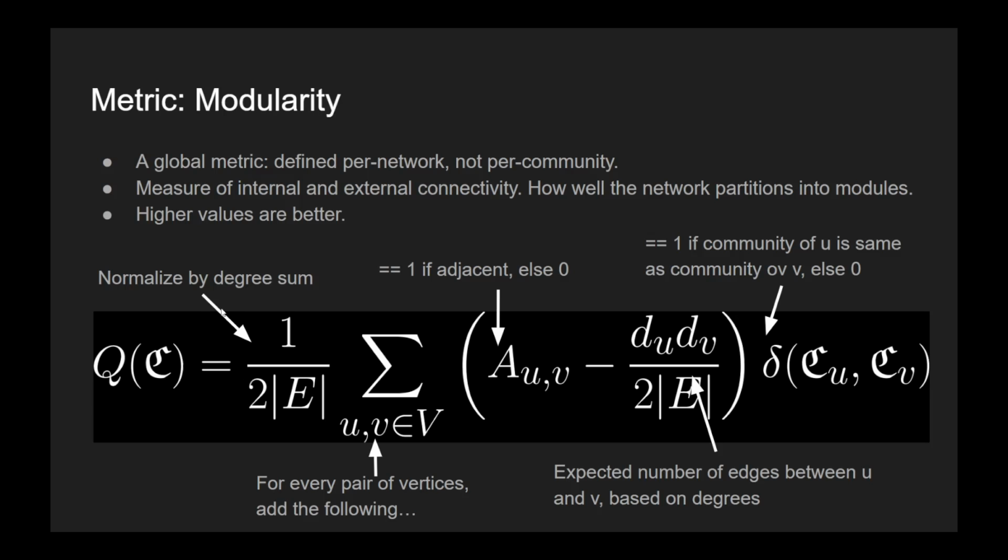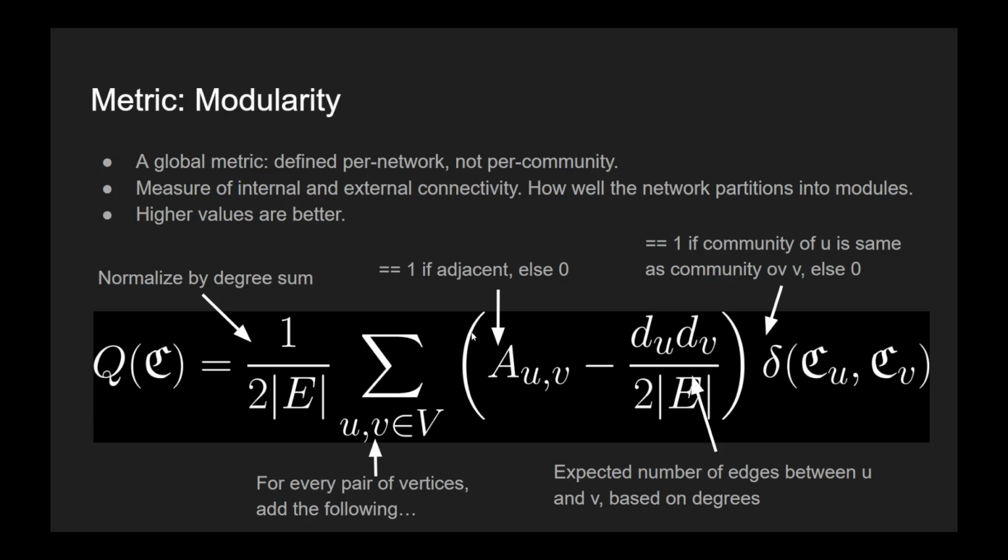The first term is just normalizing by the sum of the degrees. So you can kind of ignore that for now. Then there's going to be this main summation, which is going to be for every pair of vertices in the graph. So even if you have 2 of the same vertices, it's going to be every single pair, every combination.